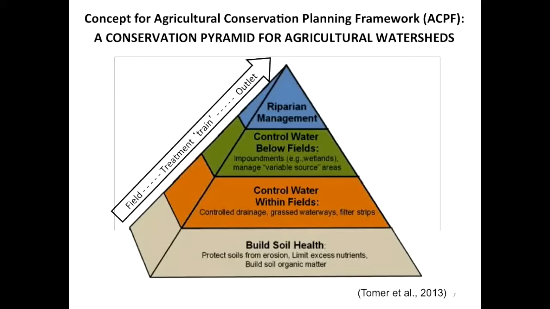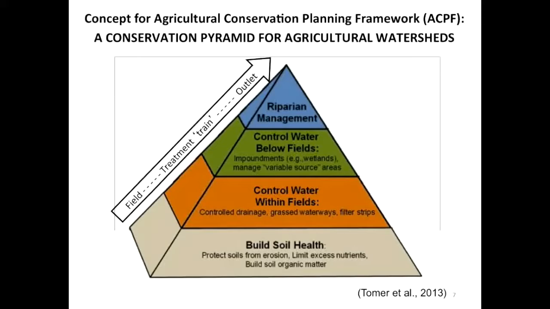But if you think about the way water moves across the landscape and the sorts of practices that we place out on the landscape to intercept and manage those flows, there are particular landscape settings that are most appropriate for those practices. And so the ACPF toolbox is focused on those sorts of practices that control water within fields, below fields, and then riparian management as well.